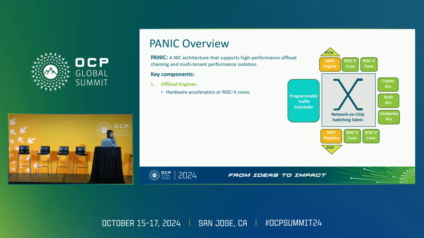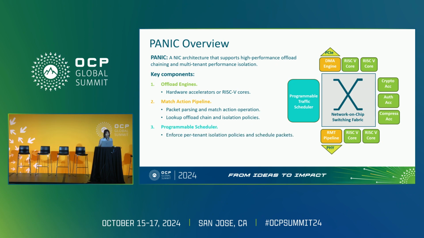They can be either hardware accelerators or embedded RISC-V cores. Also, we have an RMT, a reconfigurable match-action pipeline, attached inside PANIC. The match-action pipeline will parse the incoming packet headers and perform match-action operations. It will look up the offload chain for each tenant's traffic, as well as their isolation policies.